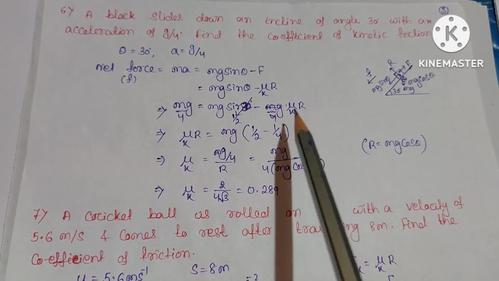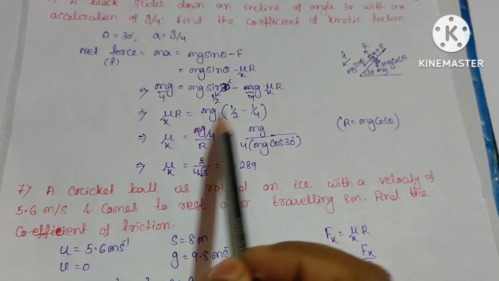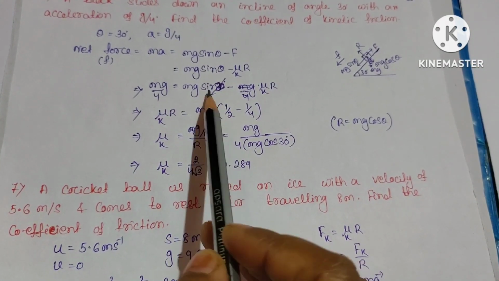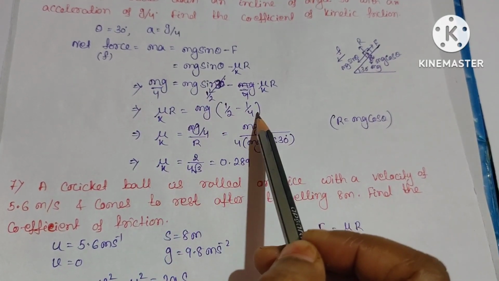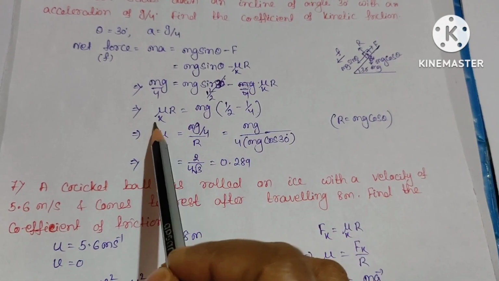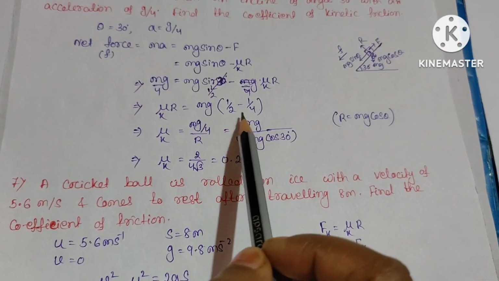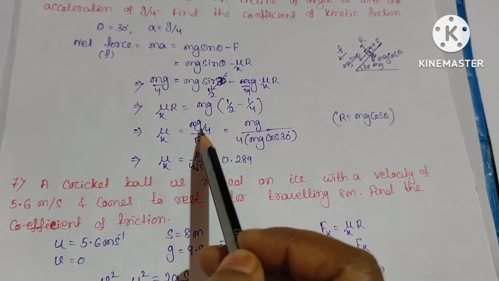Sin 30 is half. So μk R will be equal to mg into 1 by 2 minus 1 by 4, taking mg by 4 on the right hand side and μk R on the left hand side. 1 by 2 minus 1 by 4 is 1 by 4.